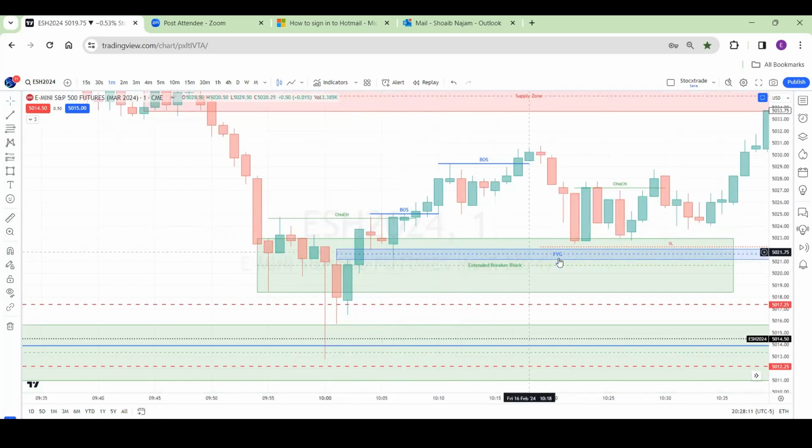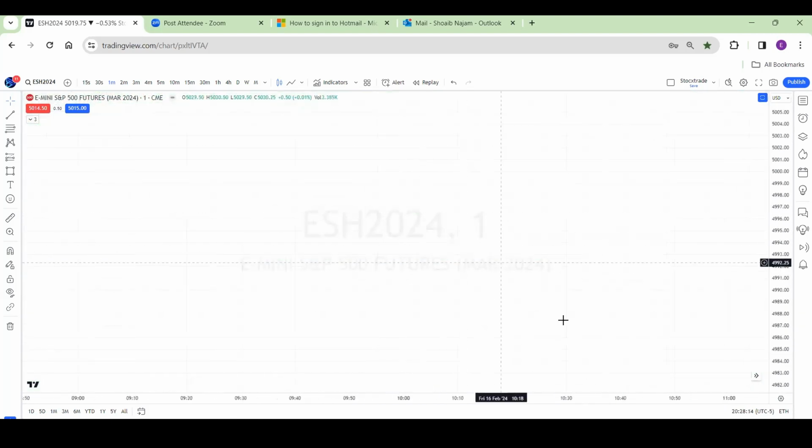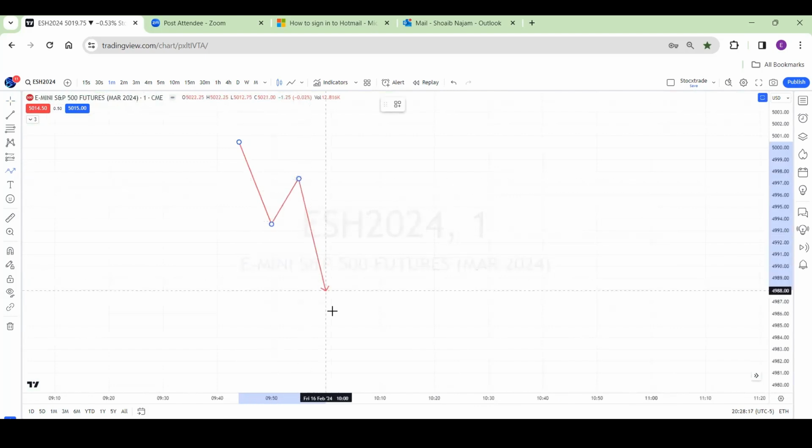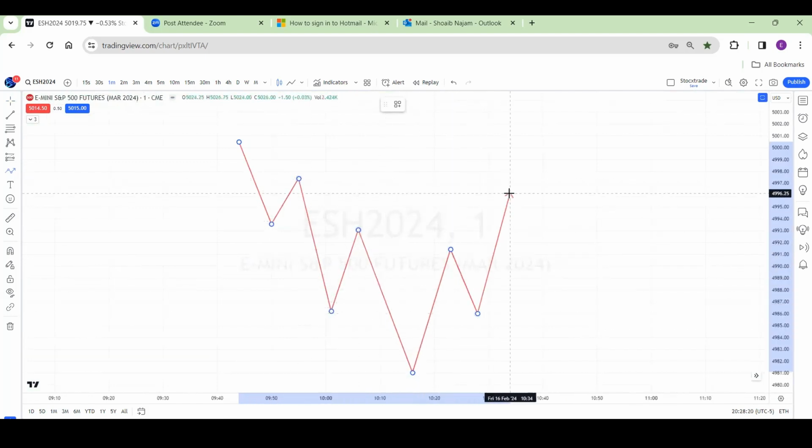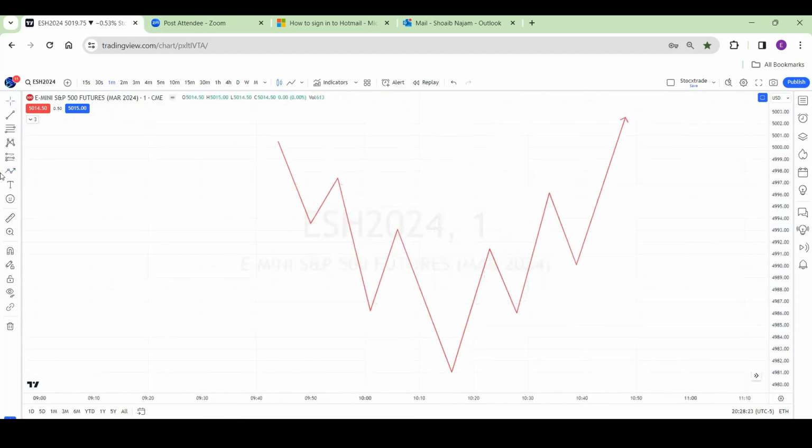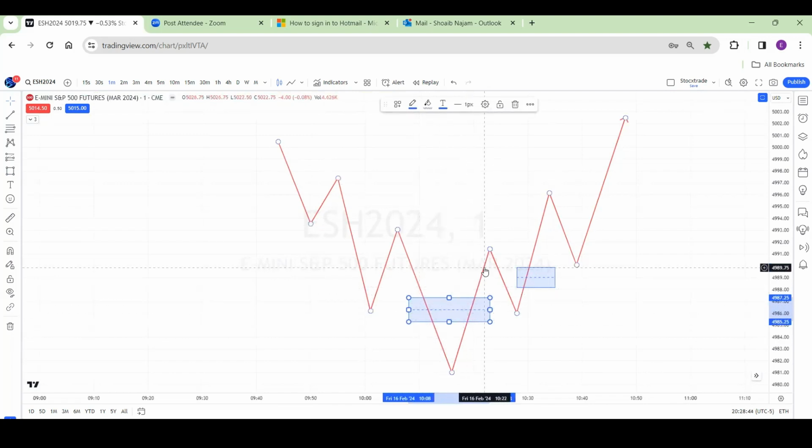But let me tell you, if the market is coming down and after that it reversed, and you see a gap, meaning between the first and third candle there is a gap, and once the market goes up it fills this gap, this is in the opposite direction. The gap was created in the bearish direction, but the market filled it in the bullish direction. This is an inverse fair value gap.